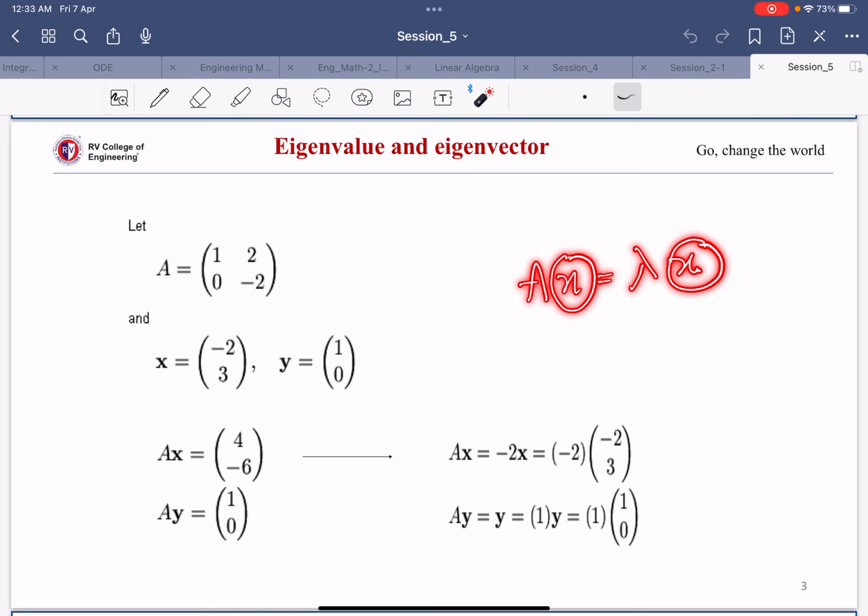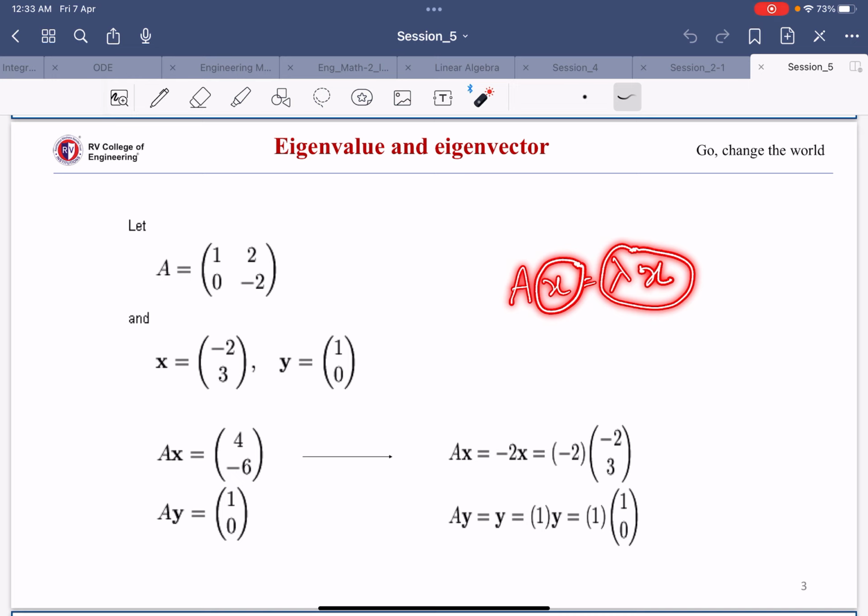So what's happening here? If I consider A as some transformation operating on the vector x, we get some constant times the vector itself.